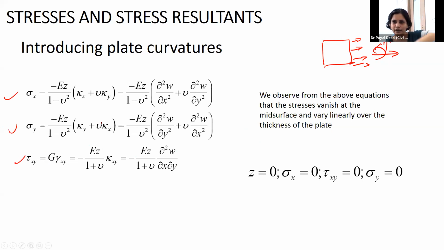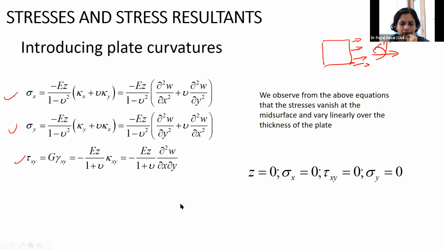But when you integrate the stresses, you get the stress resultants, which we call either moments or twisting moments. And it is the equivalent force that I need to replace in place of stresses. So there is a significance, because I want moments also. So what I do is, I have already related my stresses with the curvature and the displacement.